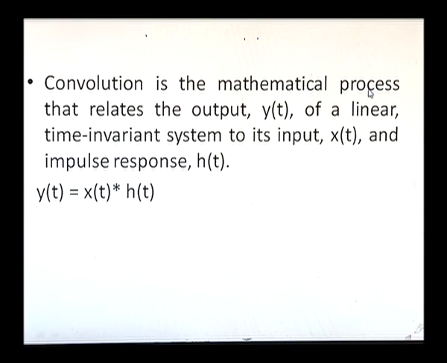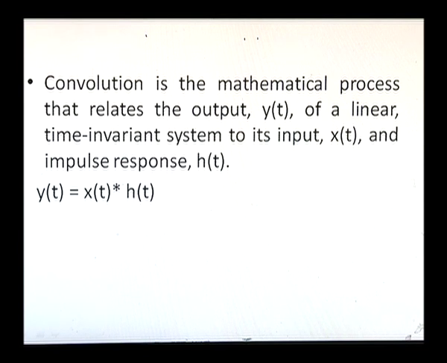So, again I define the convolution. Convolution is the mathematical process that relates the output signal y of t of a linear time invariant system to its input signal x of t and impulse response h of t. So, y of t is equal to x of t convolution with h of t. If the signal is a continuous signal, then we represent it with t.